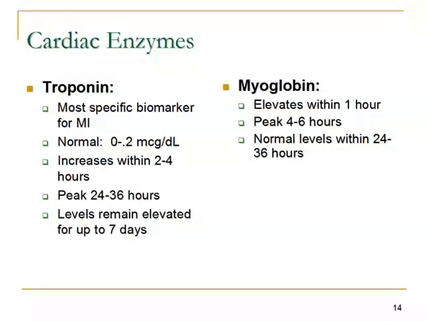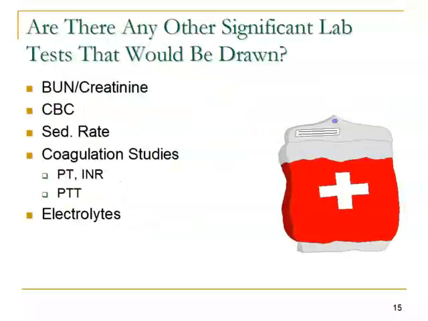Other tests patients with potential cardiac problems and disorders may have ordered would be a BUN and creatinine. We're going to talk a little bit about patients having angioplasty and things like that done. Obviously, if they're going to be getting certain types of isotopes and dyes through a lot of these scans, we want to make sure that their kidneys are functioning correctly before we start giving them a lot of things that need to be excreted by the kidneys.